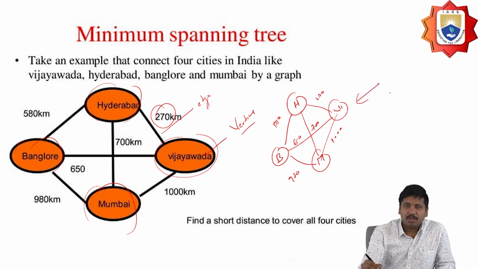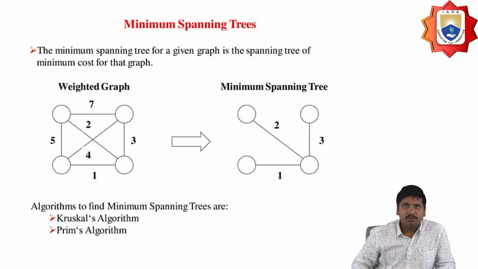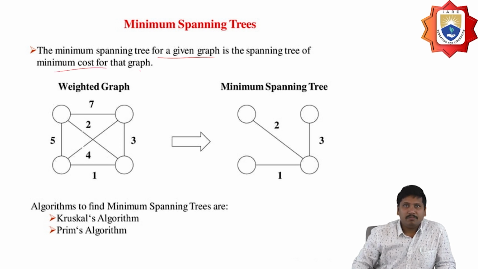From this we are going to construct the spanning tree. So how are we going to construct it? We have to find the shortest distance to cover all the 4 cities. So the spanning tree of the given graph is the spanning tree of minimum cost of the graph.